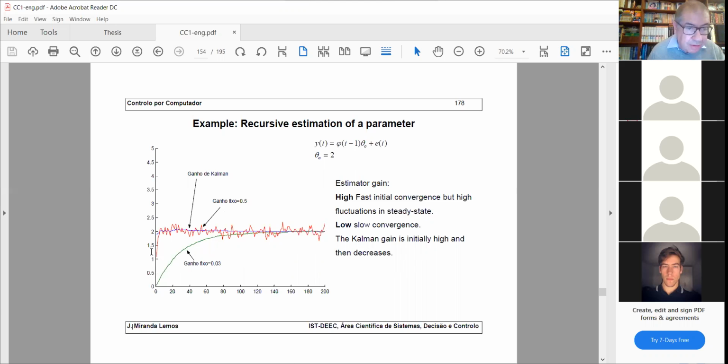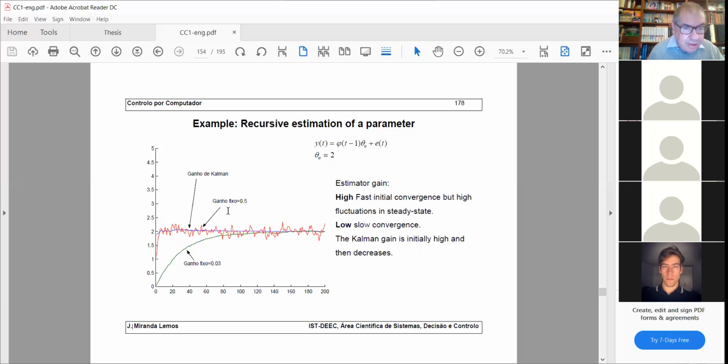It converges much faster, but then it becomes very sensitive to the noise, and it amplifies the noise a lot, okay? Instead, the least squares you see is the best of two worlds. The least squares is doing in an automatic way this idea of starting with a large gain because P is large. So you converge very fast.